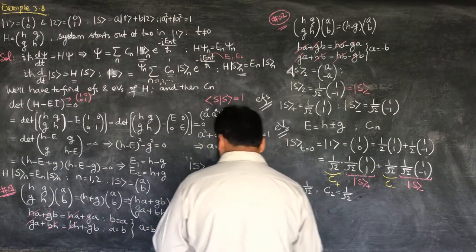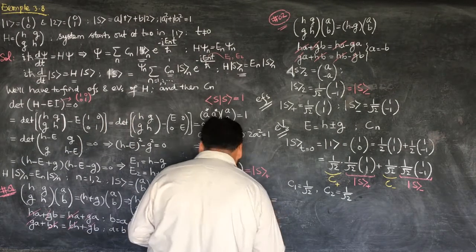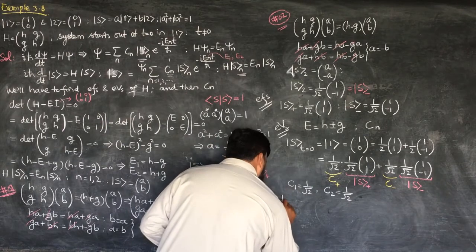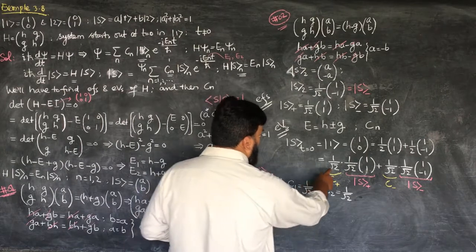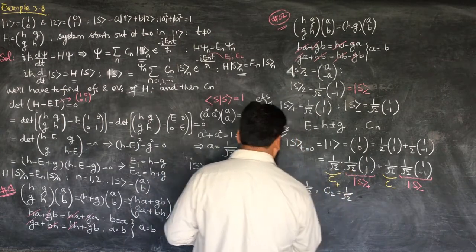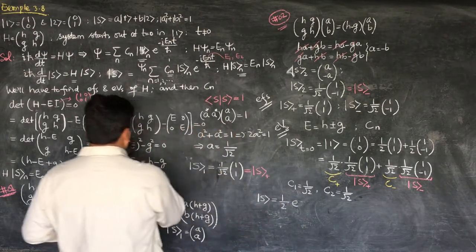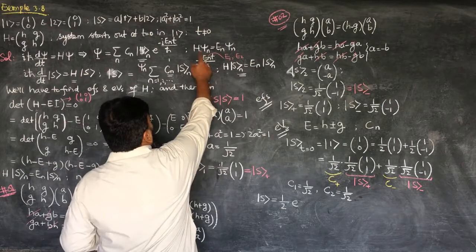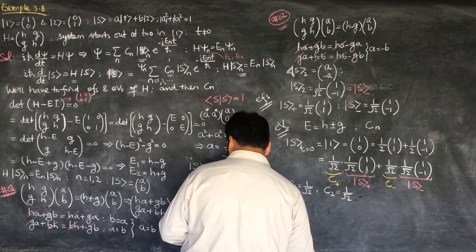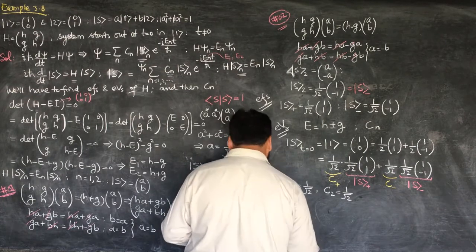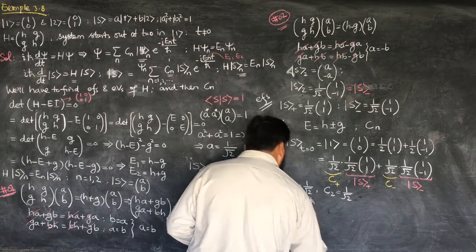So I will get that S state is equal to, if I take the 1 over square root 2 and 1 over square root 2, it will become 1 over 2, and I take from the energy the H out of it, the exponential, so e to the power minus i H t over h bar.